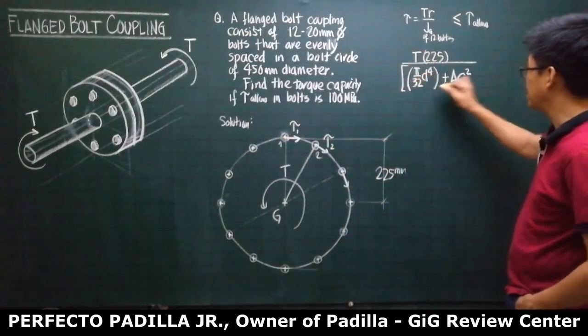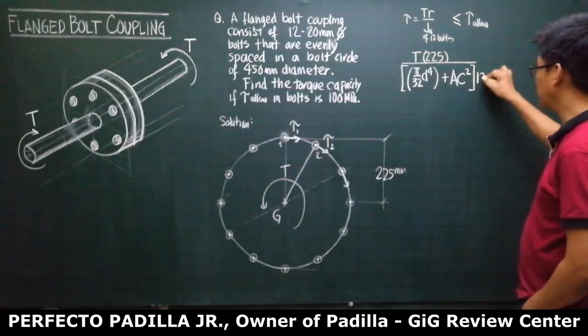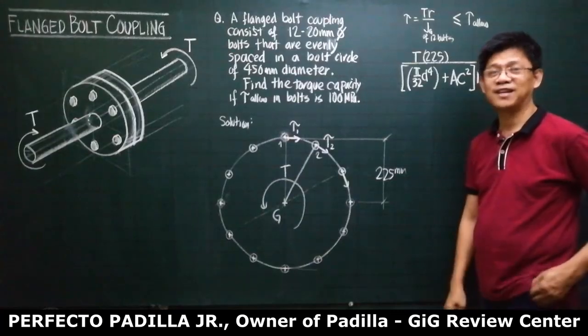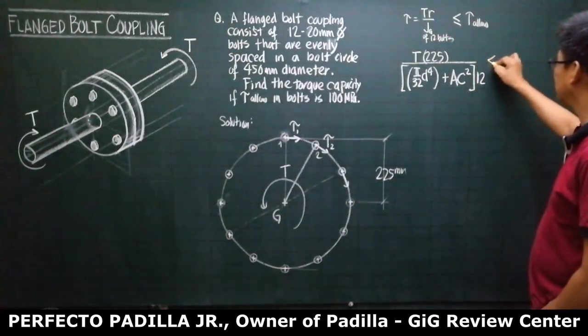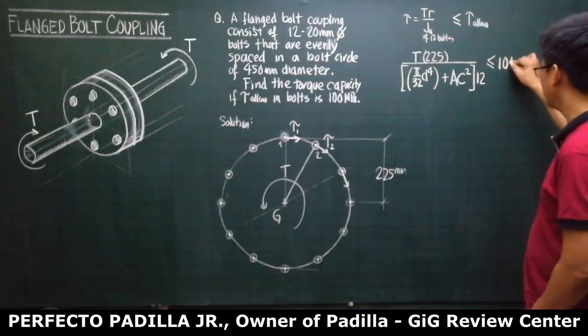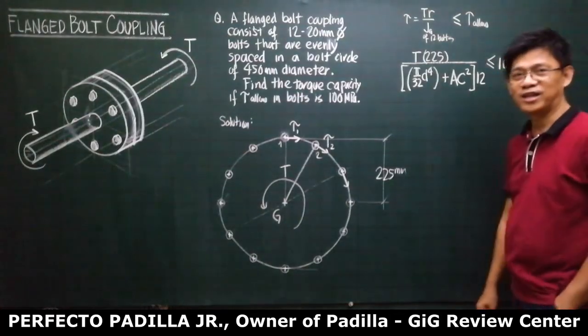So we multiply this by 12. So this is J global of the 12 bolts. So it must be less than or equal to the tau allowable, which is 100. You get it?